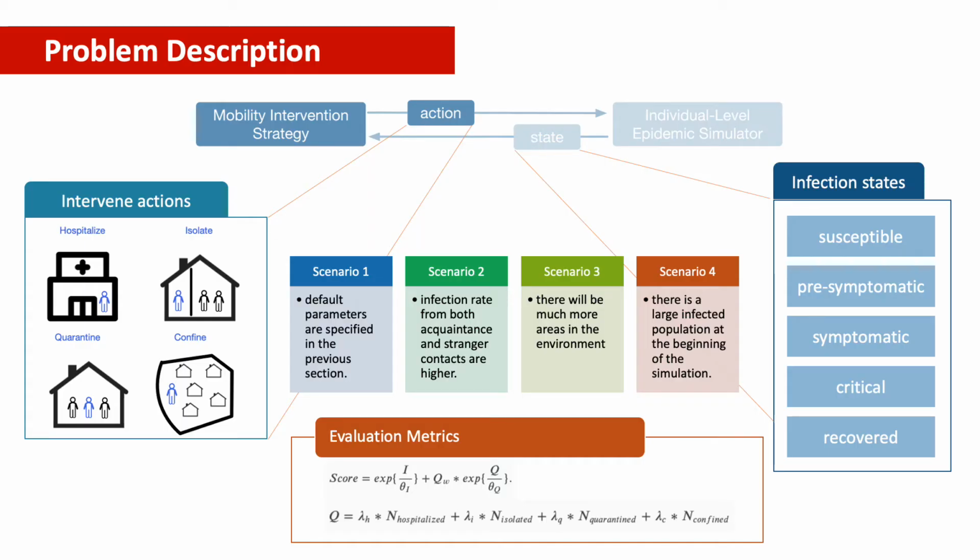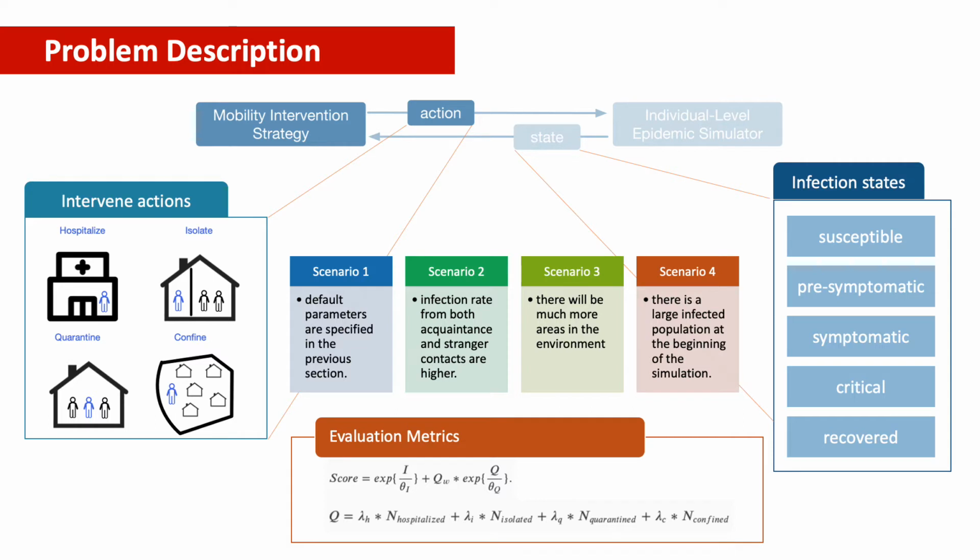In order to end the global pandemic, multiple intervention strategies can be applied, such as social distancing, contact tracing, and so on. Under such circumstances, PAPW 2020 hosted a challenge. The challenge is to look for effective human mobility intervention policies to contain an epidemic.